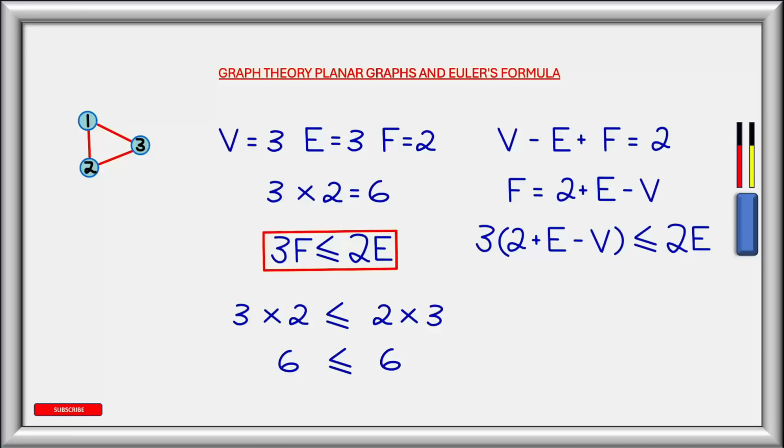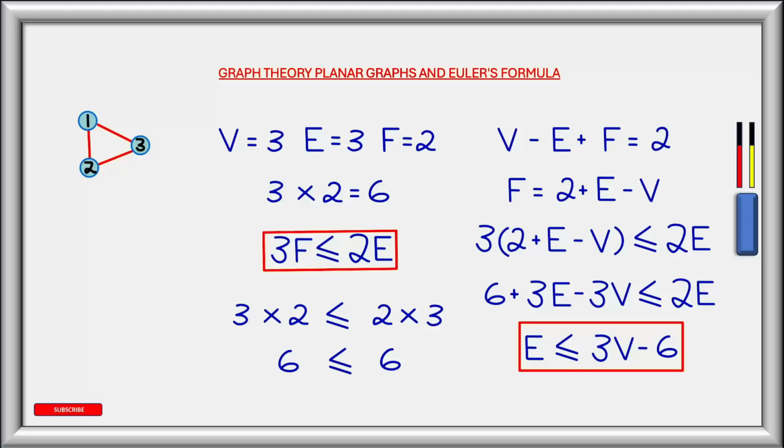And if we substitute f, where f is 2 plus e minus v, into our inequality 3f is less than or equal to 2e, we get 3 multiplied into the bracket of 2 plus e minus v is less than or equal to 2e. Expanding the brackets, we get 6 plus 3e minus 3v is less than or equal to 2e. And rearranging this gives us the number of edges must be less than or equal to 3 times the number of vertices minus 6.